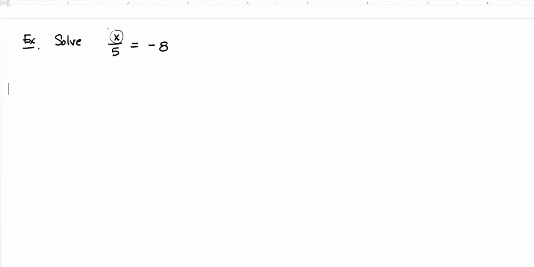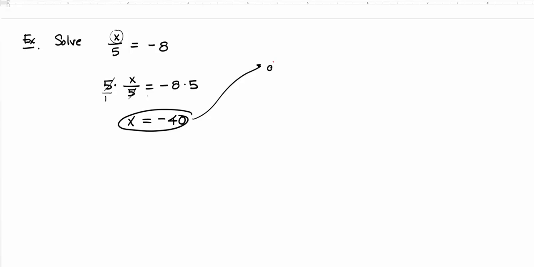So what do you think I need to do? I need to do the opposite operation of division, which is multiplication. So now if I multiply by 5 on both sides, and again, it's always on both sides of that equal sign, this is the same as 5 over 1, so my 5's cancel, and I'm left with x equals negative 40.